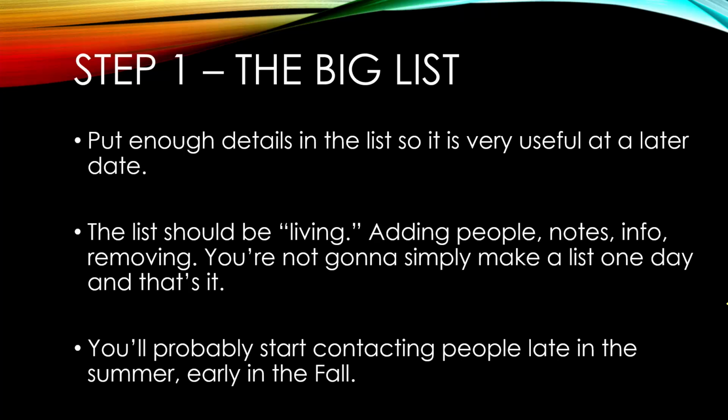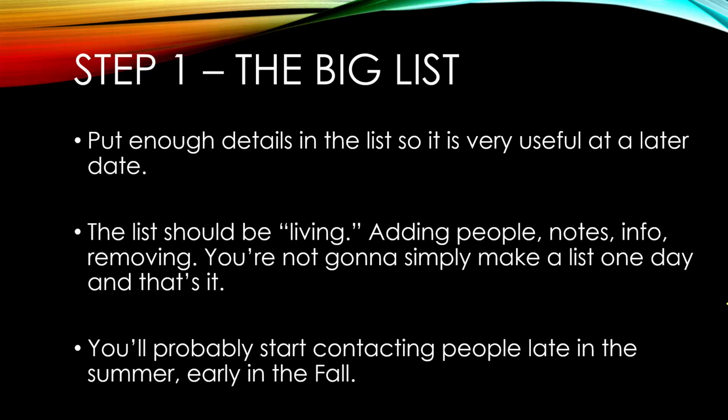Now, you're all going to be in different parts of your graduate school schedule, but what you're probably going to do is start contacting people on this list late in the summer, early in the fall. You're not necessarily going to contact everybody. That's not the point of this list.